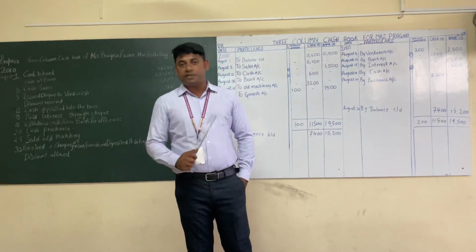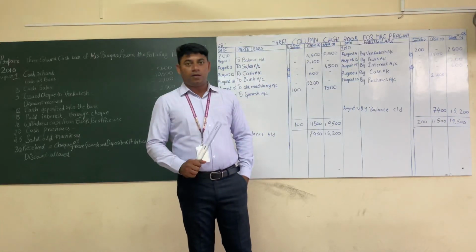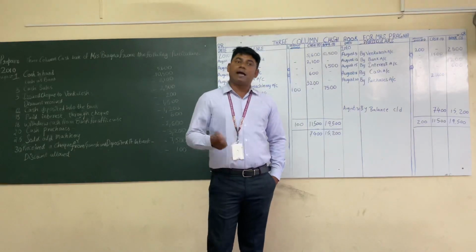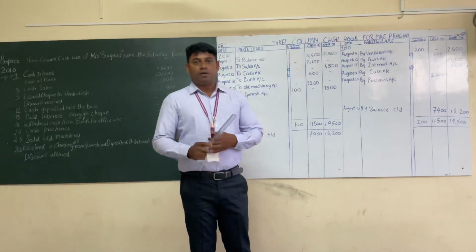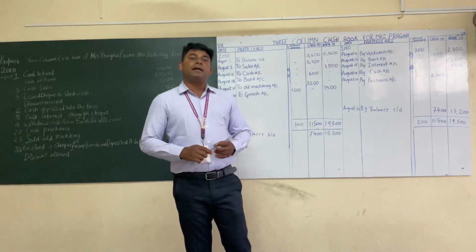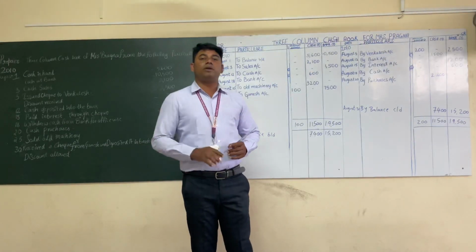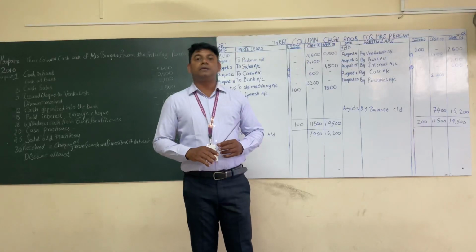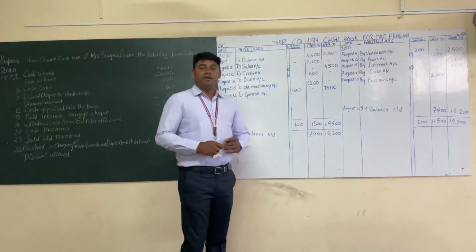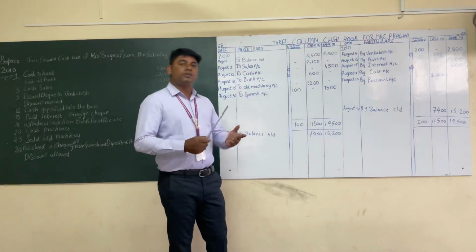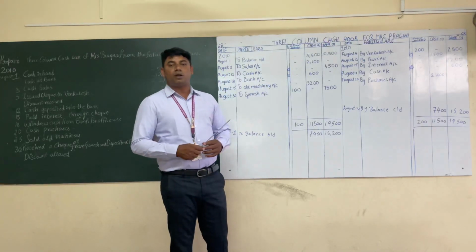So debit what comes in as per real account principle, and credit the giver as per personal account principle. In this particular story, we are getting cash and bank is the giver here. So cash account debit to bank account is the journal entry. So cash and bank both are coming in this particular journal entry. So then it is said to be a contra entry.